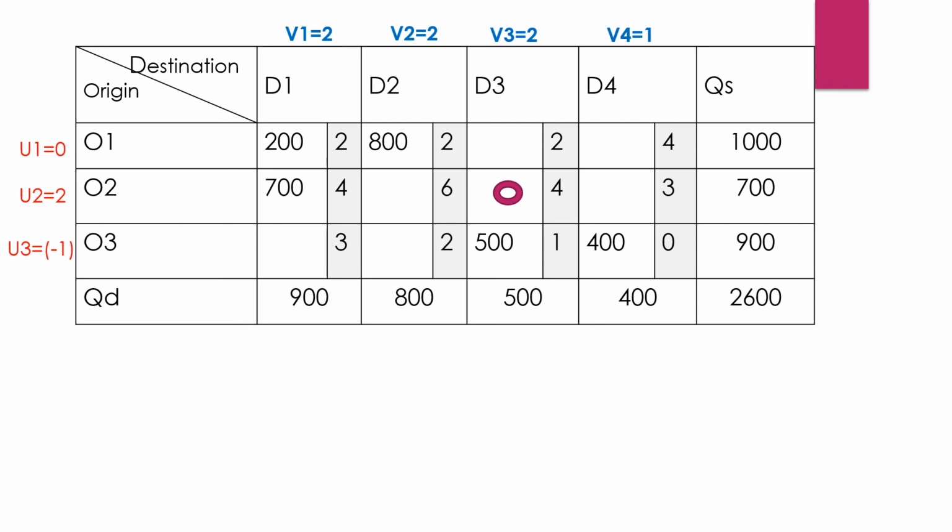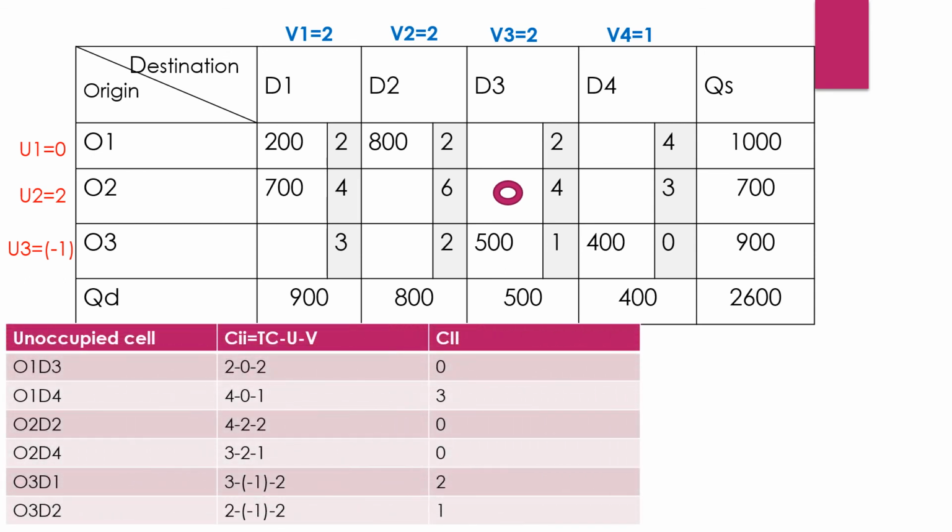Then we are going to find the cost improvement index of each unoccupied cell. Now when I calculate the figures, I have found all the values are positive. This indicates that I cannot reduce this transport cost further by allocating to any of these unoccupied cells. මේකේ අගේ ධන කියලා කියන්නේ තව දුරටත් අපිට මේකේ transport cost එක අඩු කරගන්න බෑ කියන එක.